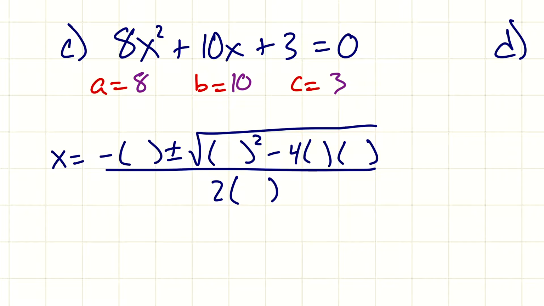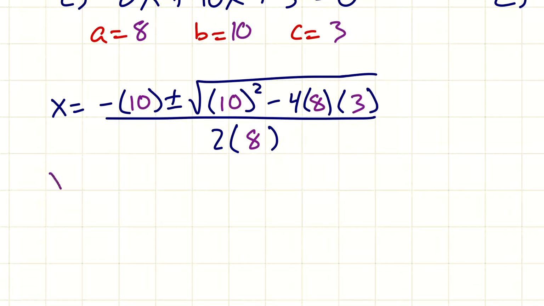All right, so let's plug those in. So we're going to have 10, 10, 8, and 3, and 8 on the bottom. All right, and then we start to simplify this.